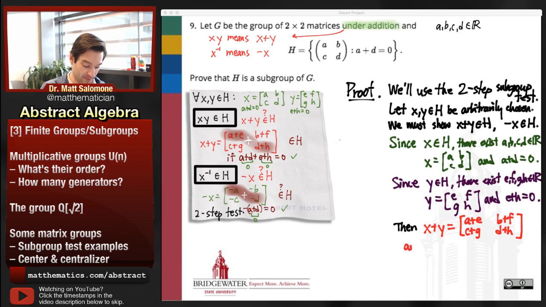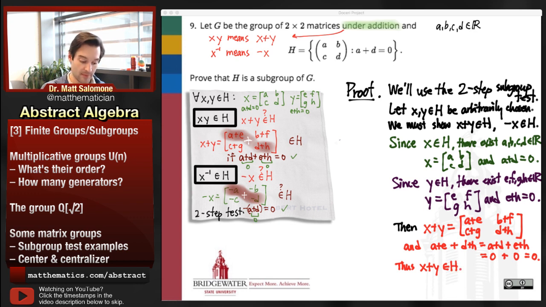And the sum of the entries on the diagonal, a plus e added to d plus h, is equal to, when I trade places with the d and the e here, a plus d plus e plus h, which equals 0 plus 0, which is equal to 0. Therefore, x plus y belongs to H.